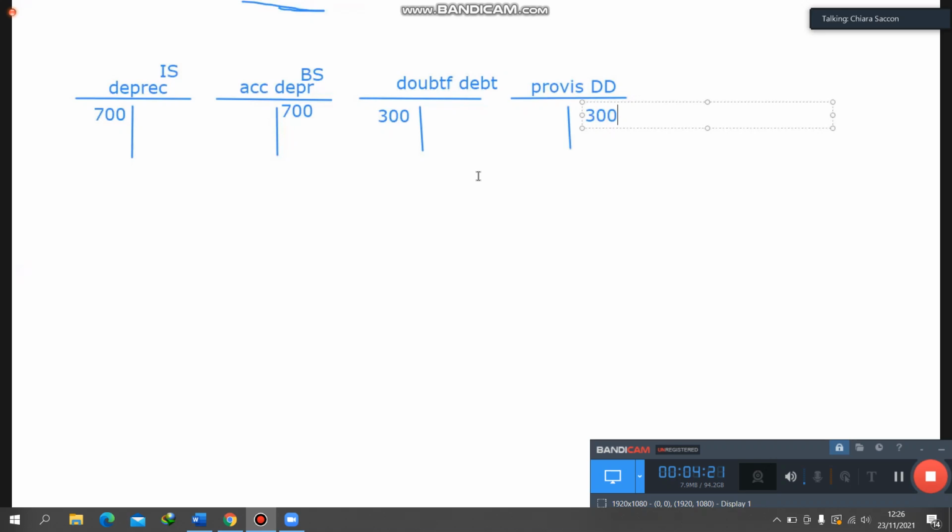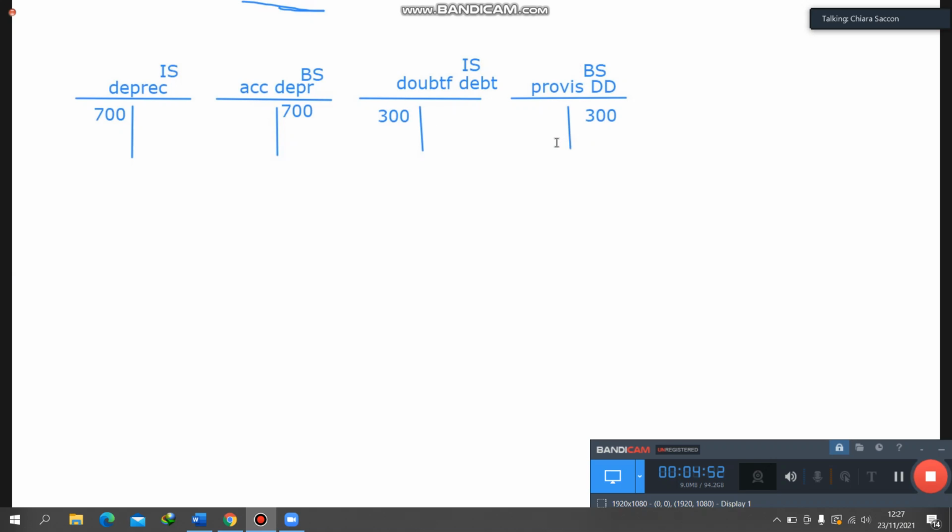This is the part of receivable that you expect they will not be paid in the future, okay? So doubtful debt is going into the income statement as an expense pertinent to the period, although it is expected, and instead provisions for doubtful debt is going into the balance sheet, okay, where receivables are. They are going to reduce the amount of receivable.